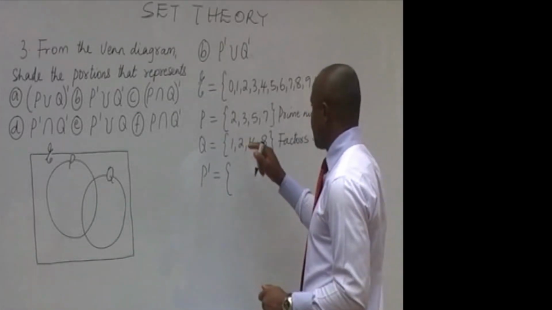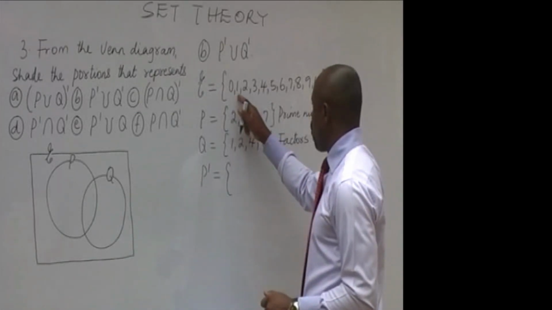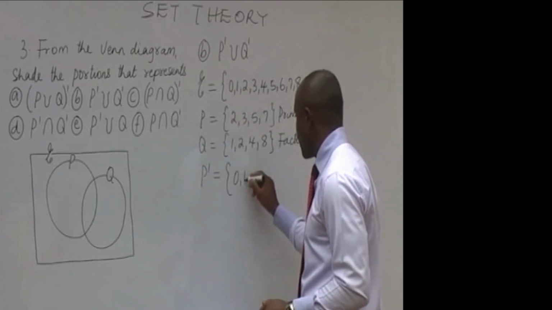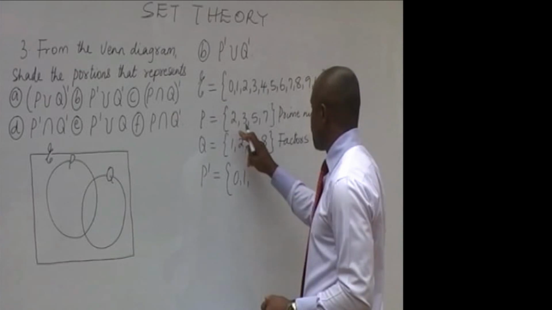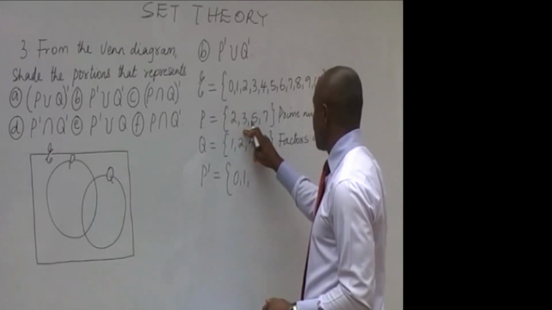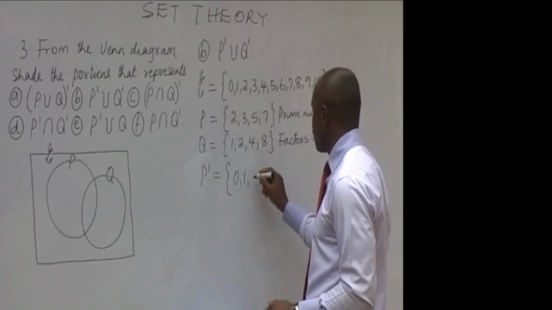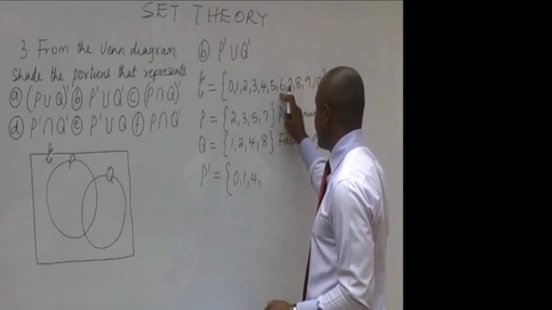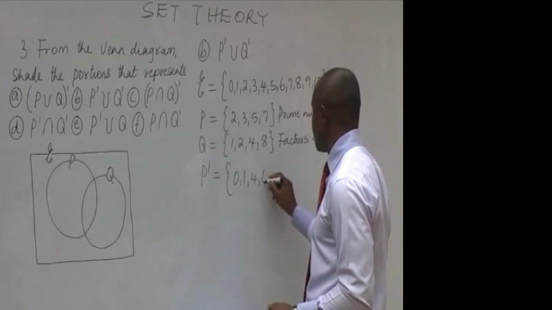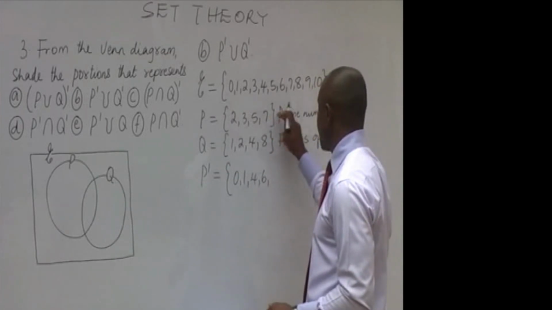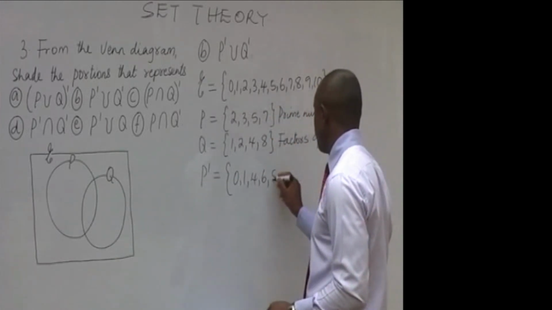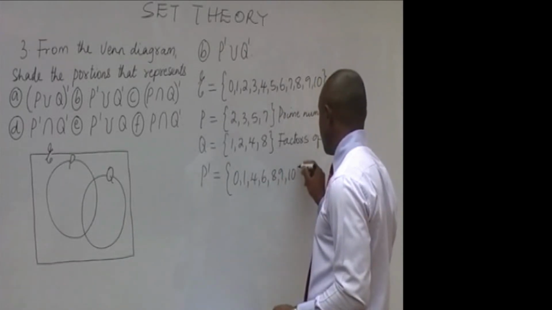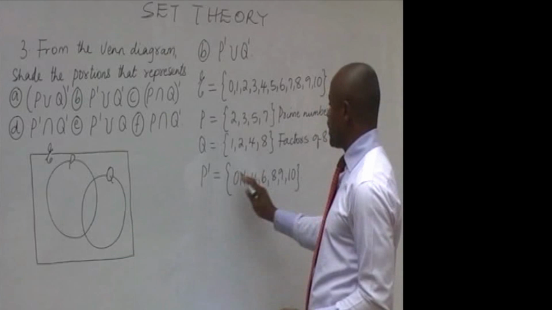So let's check. 0, 1 is not found here, so 0, 1 is first, then 2, 3. There's no 4 here, so we have 4. That's 5, that's 5. There's no 6 here, so we have 6. That's 7, that's 7. Then 8, 9, 10. So these are P prime.